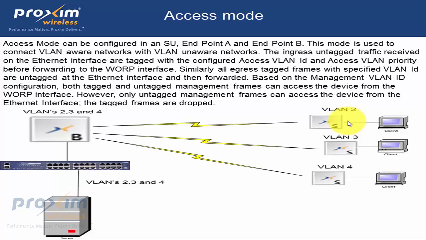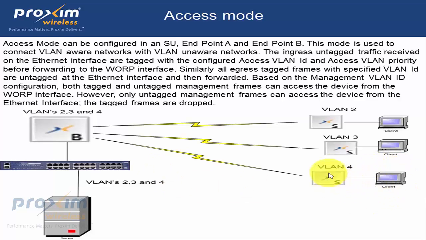So we have this one that's slated for VLAN 2, VLAN 3, VLAN 4, and that's all that they know. So basically what happens is as the information comes through here, the Ethernet port's going to strip the tag. So this device isn't aware. It just becomes part of the broadcast domain from here.